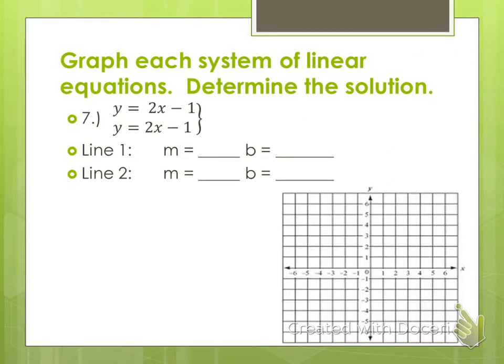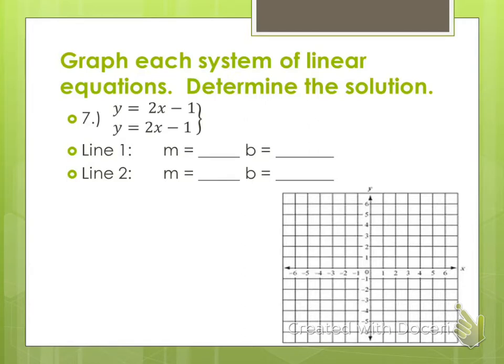Now, once again, just by looking at the problem and reflecting back on your notes, you can probably see what's going to happen here. But we'll go through all of our steps. What is M and B for line 1? Nevaeh, I don't think I've heard from you yet today.